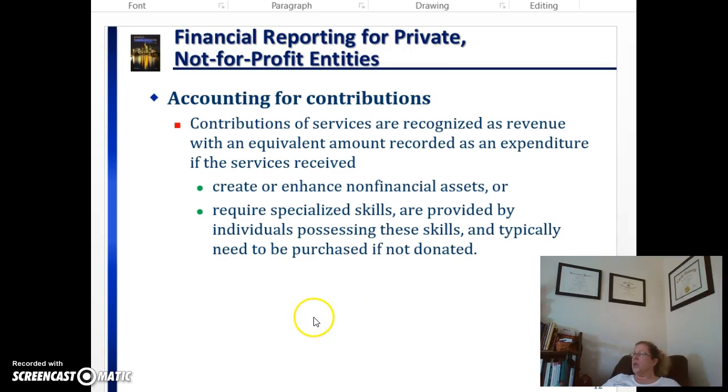So, for example, if someone donates accounting work, that would be recognized as revenue and an expenditure as well, because if somebody didn't donate it, they would have to purchase and pay for an accountant.